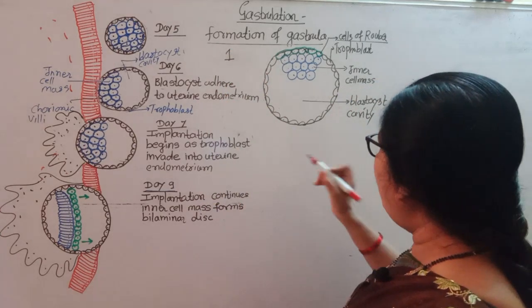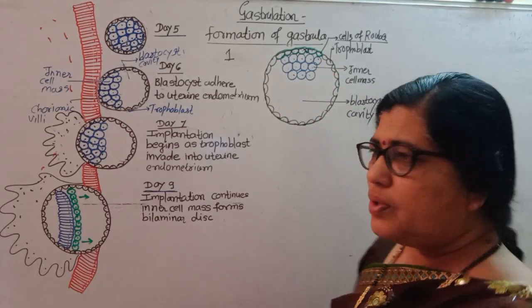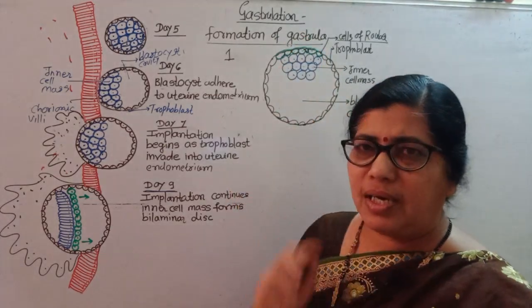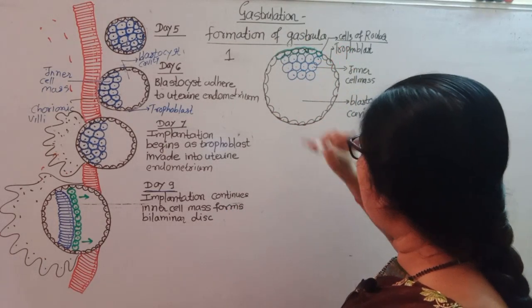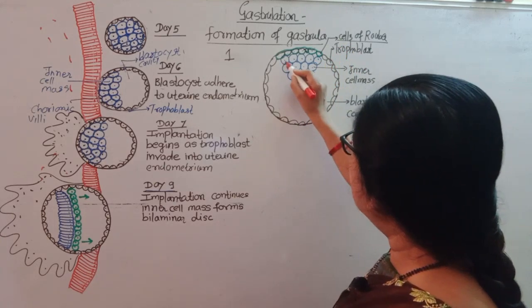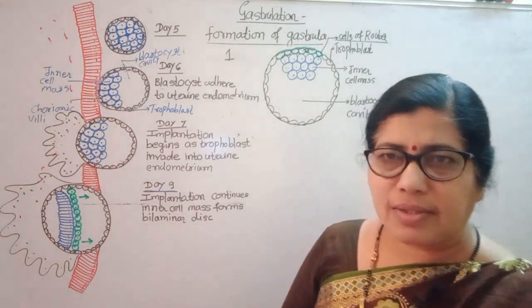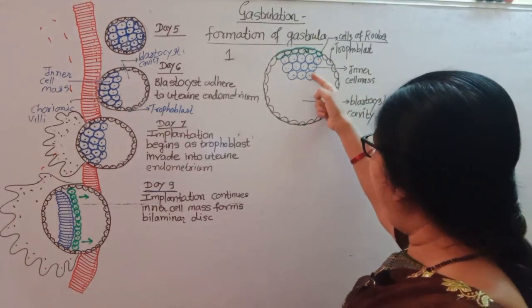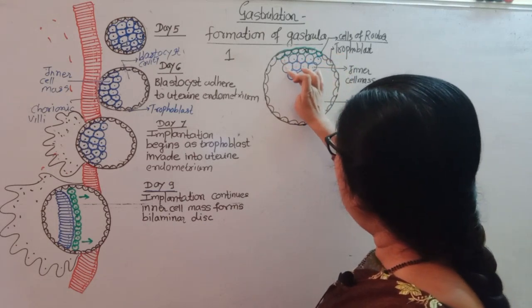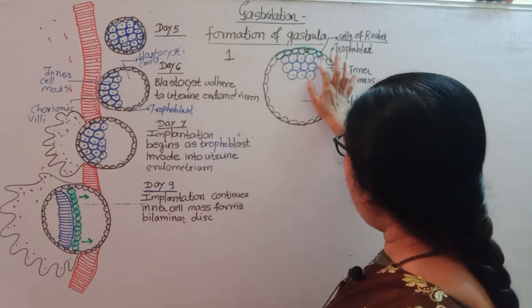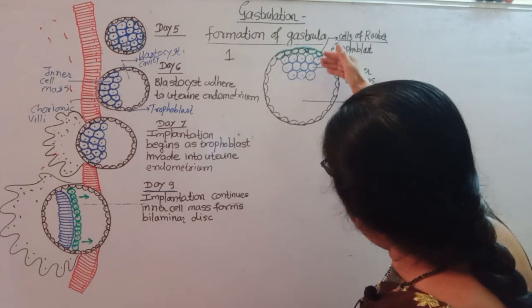Cells of the inner cell mass which are present on the free end. The inner cell mass is a cluster of cells, but see these cells which I mark, these cells are on the free end of the inner cell mass.